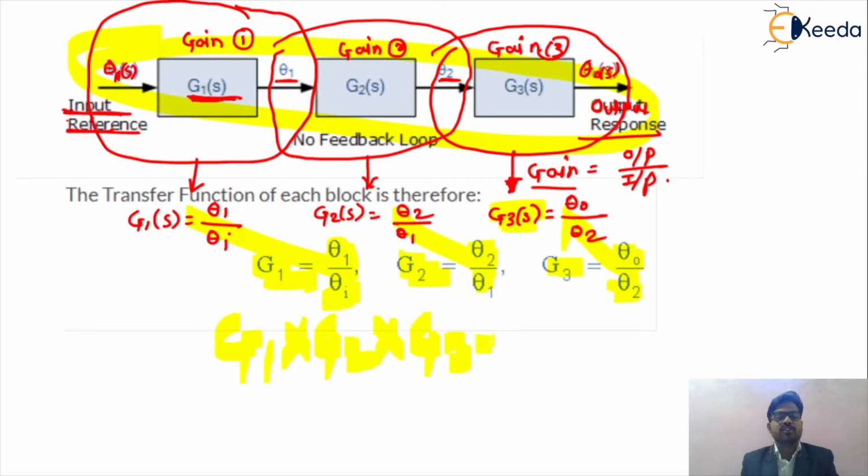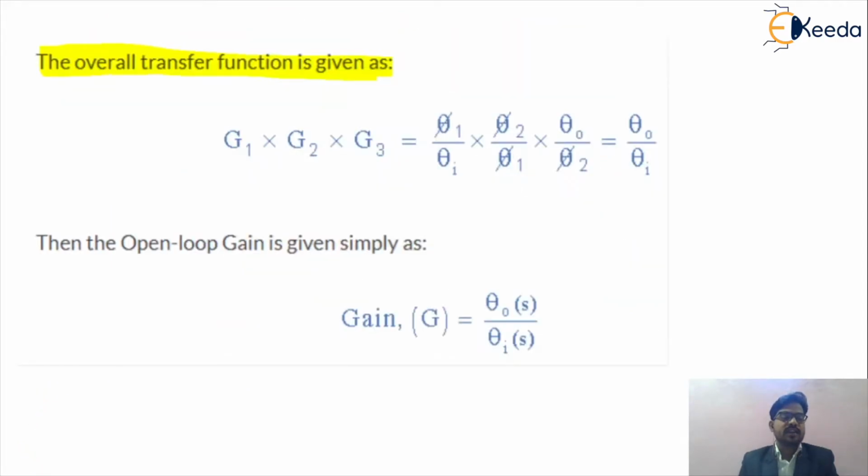So now we can multiply G1 into G2 into G3. We have the value of G1 as theta 1 divided by theta s, because theta 1 is the output and theta s is the input.